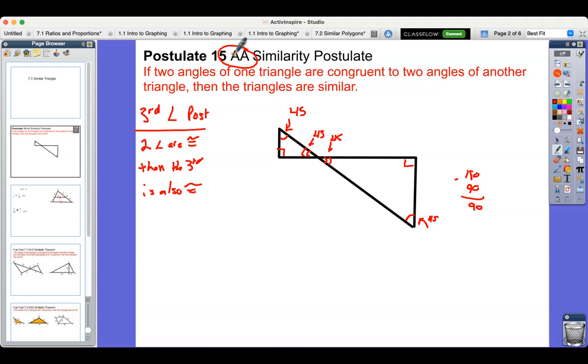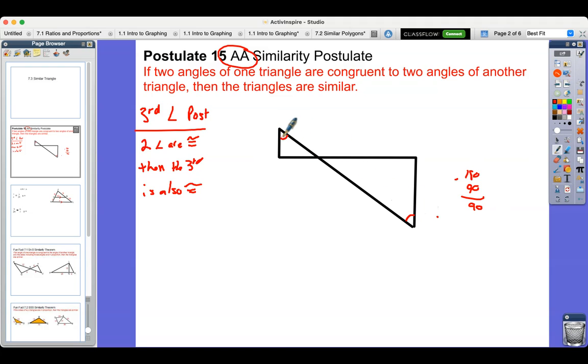So this only needs two angles, but the third angle postulate also says that if you know for sure two angles are congruent to two angles, then the third angle is also congruent, because there's only a certain amount of angles a triangle has. So if you know for sure two angles are congruent, then the triangles are similar. For example, I gave you this right here, marked with only two angles.